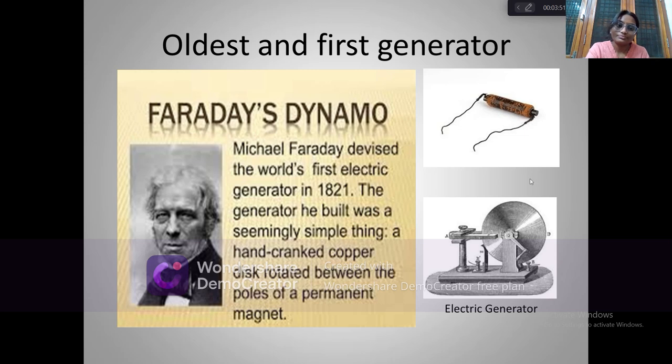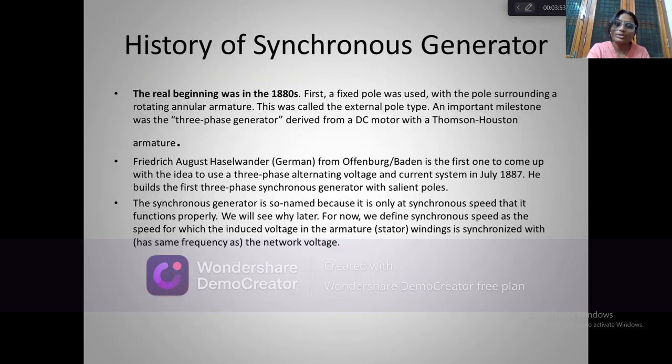When it comes to the history of the synchronous generator, the real beginning was in the 1880s. First, a fixed pole was used, with the pole surrounding a rotating annular armature. This was called the external pole type.